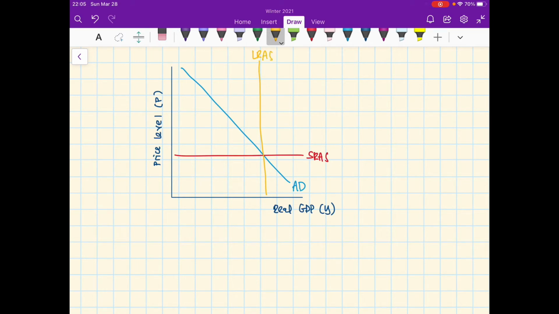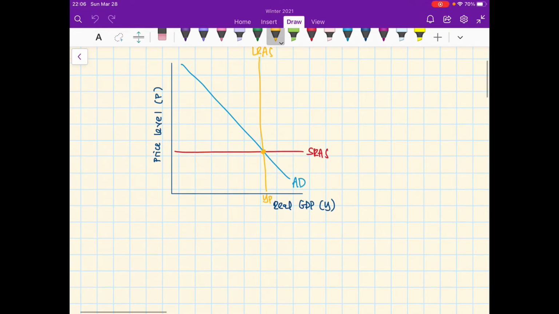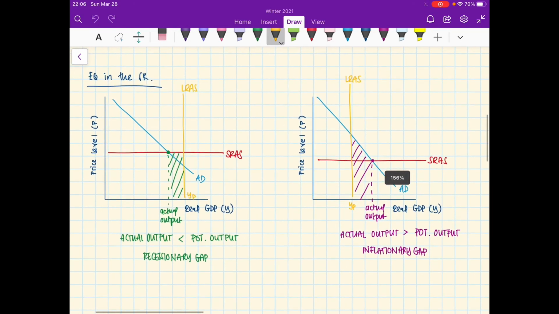So when these three curves intersect, we have long-run equilibrium. And at this point, potential GDP is achieved. There are instances when we are in short-run equilibrium, where only the SRAS and AD curves intersect. In these cases, there's an output gap, meaning that potential or full output is not achieved.